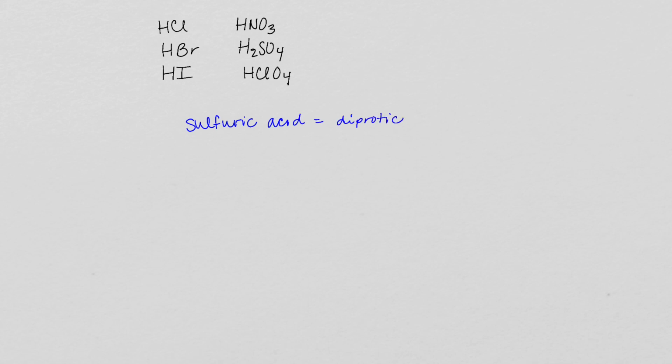And in our last example, we looked at the second proton. That's a weak acid. So sulfuric acid is only strong for that first H. HSO4 minus is a weak acid. It does not fully dissociate in water.